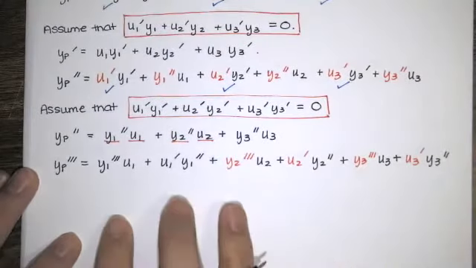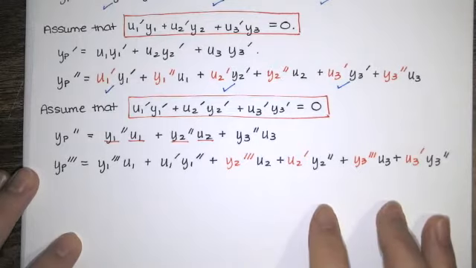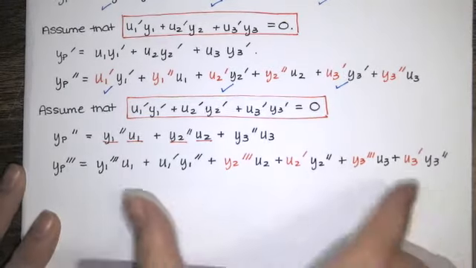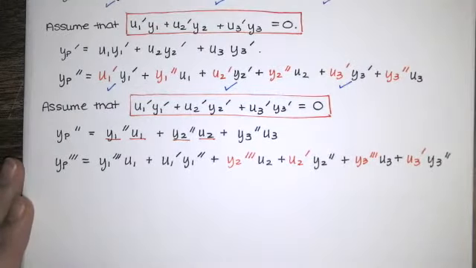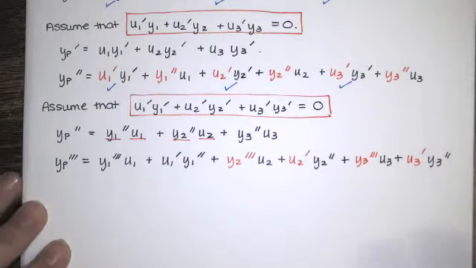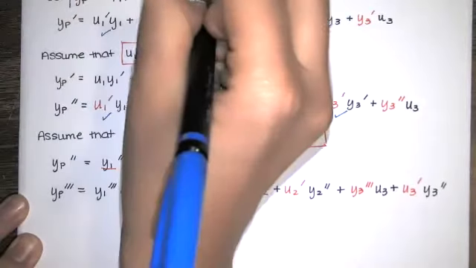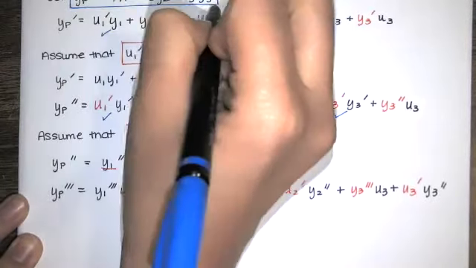Okay, and let's not make any assumptions about this one yet. Now let's substitute all of these into the differential equation. The ones that I'm substituting are the simplified forms of y sub p prime and y sub p double prime and then y sub p triple prime. So I'm assuming that this is my y sub p. That's what I'll substitute into the differential equation.